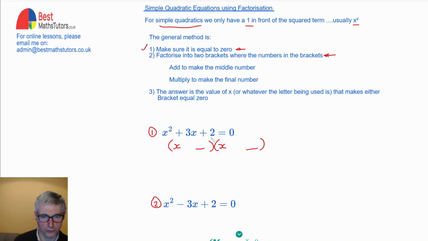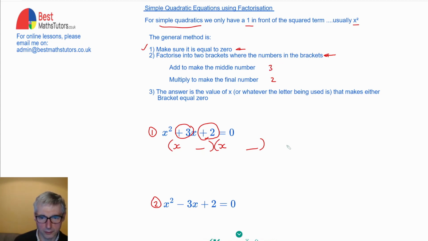Those numbers have got to multiply to make the final number, which is a plus 2, and add to make the middle number, which we can see is a plus 3. So it's the number which multiplies the x in the middle. So it's got to multiply to make the final number, which is 2 in this case, and add to make the middle number, which is 3.